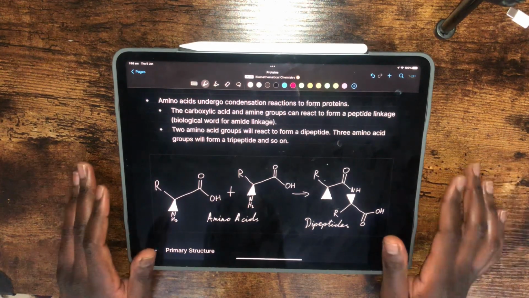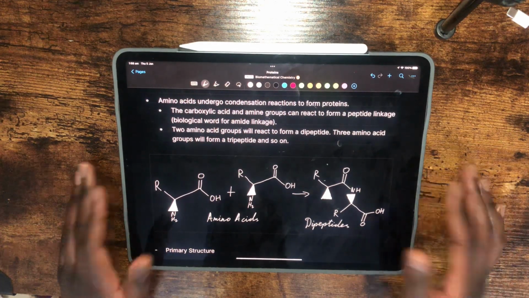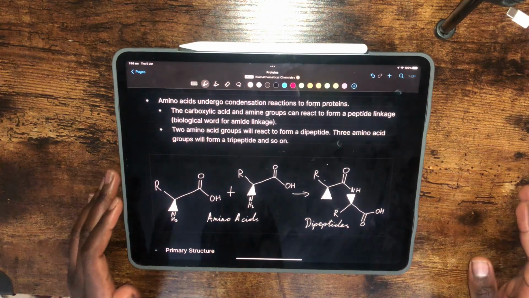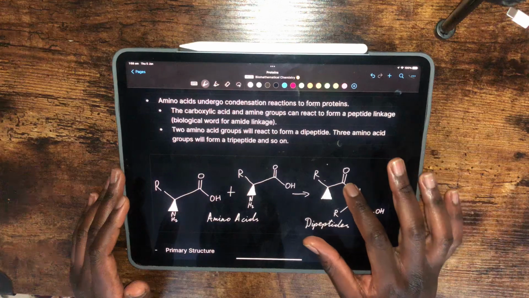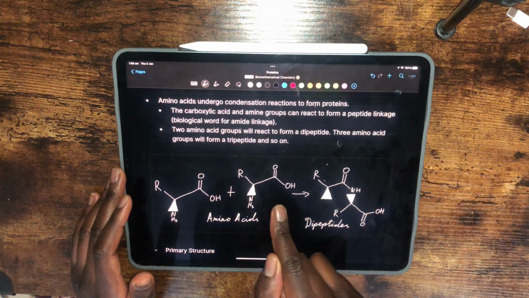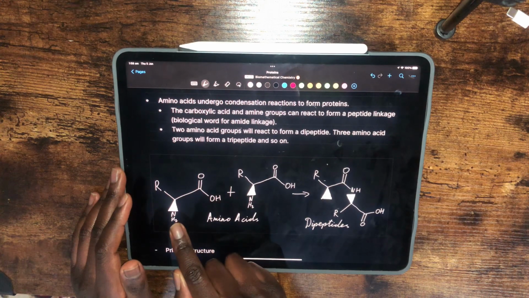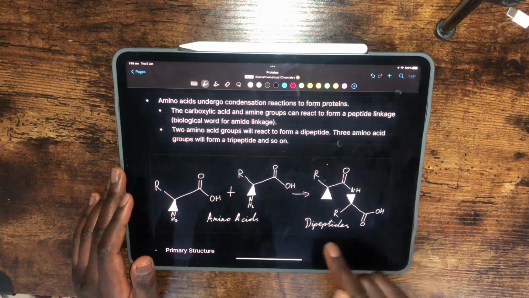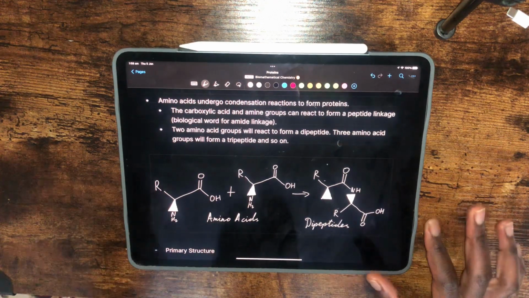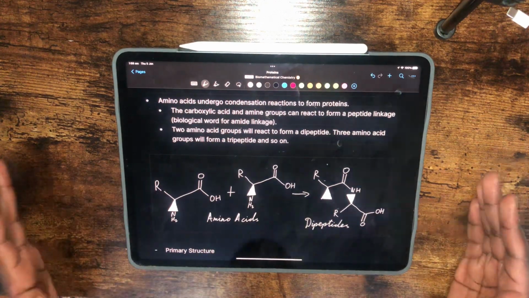We know that it's a nucleophilic addition-elimination reaction, which is the condensation reaction that produces the amide bond between the carboxyl group of one amino acid and the amine group of another amino acid. Because this is between 2 amino acids only, we simply call this a dipeptide.